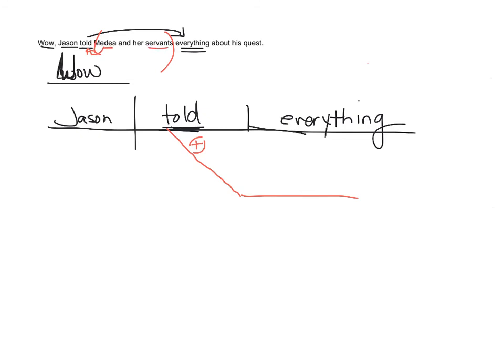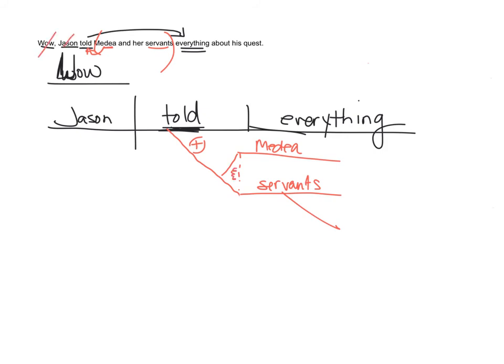I have 2. So I am going to split this. Instead of having one preposition line, instead I'm going to split it into 2. Who did he tell? Medea, servants. And of course, he would tell her servants, and make sure that you write "and" on the line here.